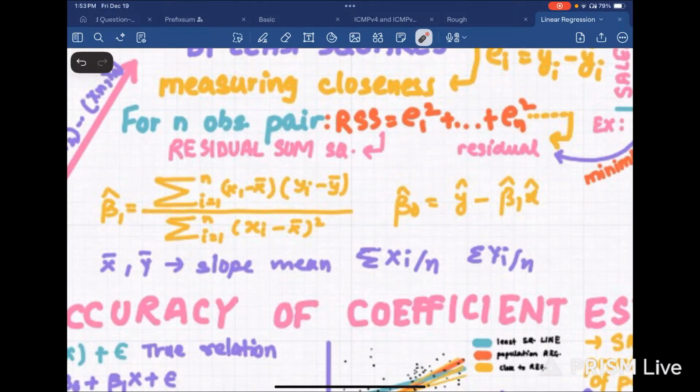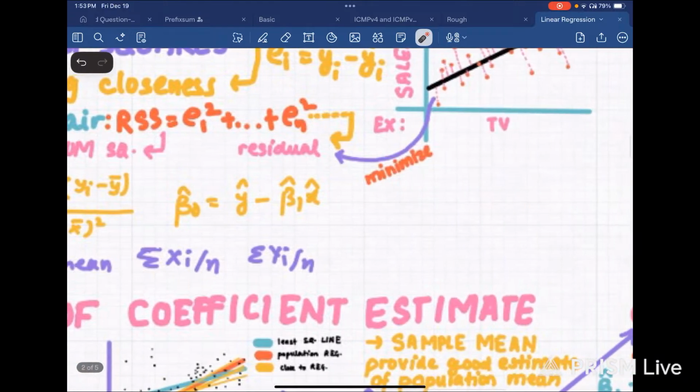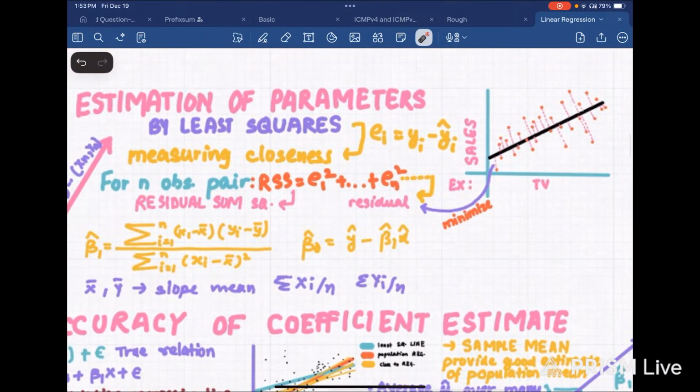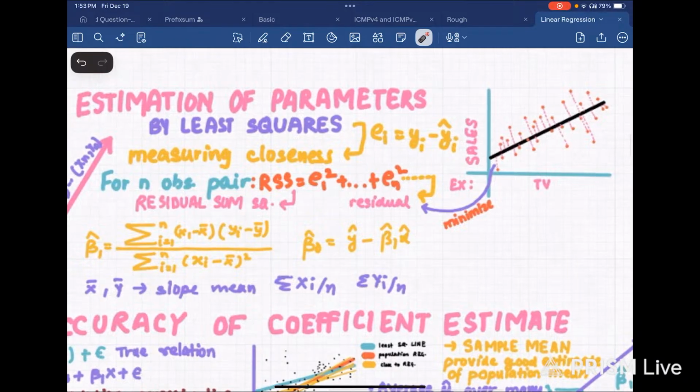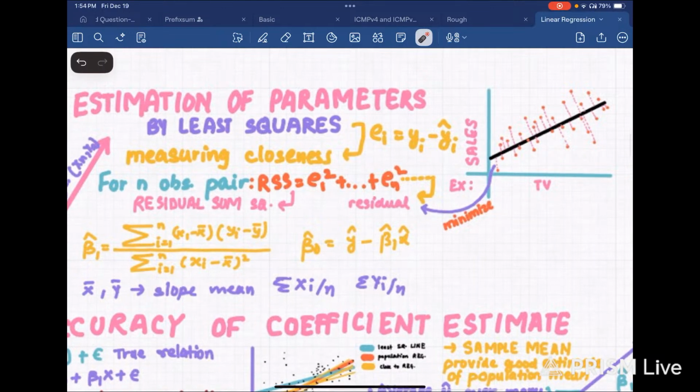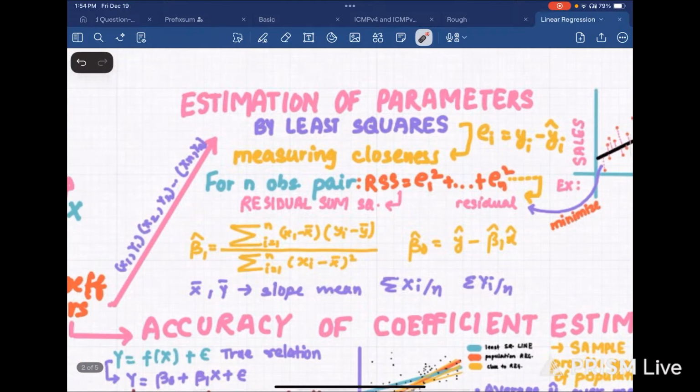So we are able to find this by the least square method, which is part of the residual sum of squares approach, and we will see this method come up more in the coming topics.